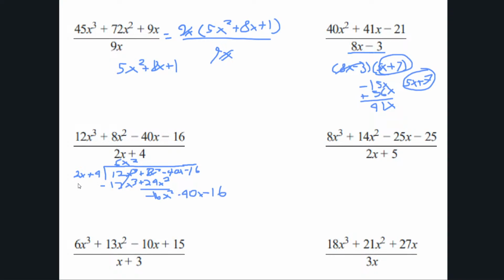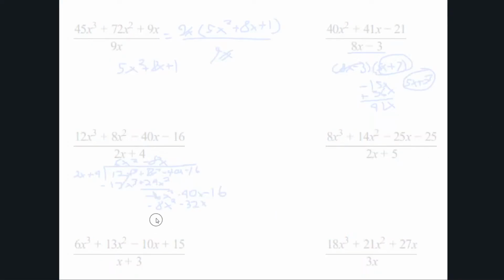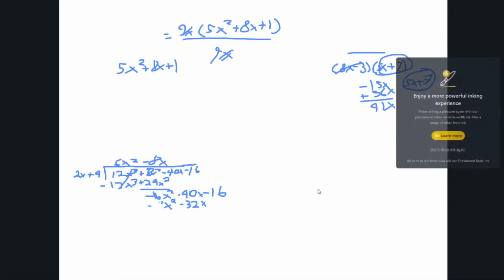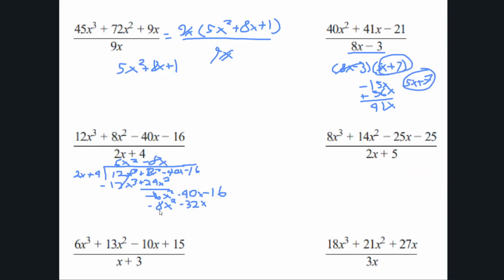Okay, so we're going to multiply this by negative 8 next, specifically negative 8x. So we have negative 8x squared minus 32x. Or no, this should have been negative 16. That is not what I wanted to do. Okay. So I cannot be doing that.